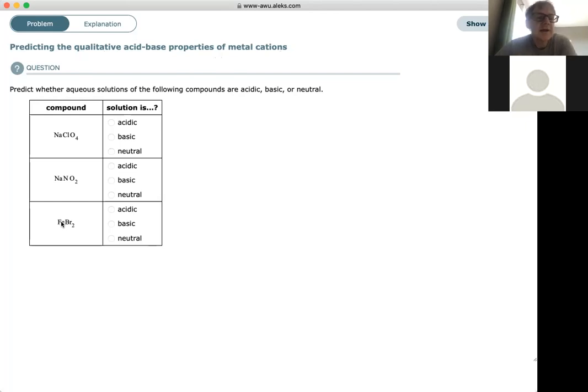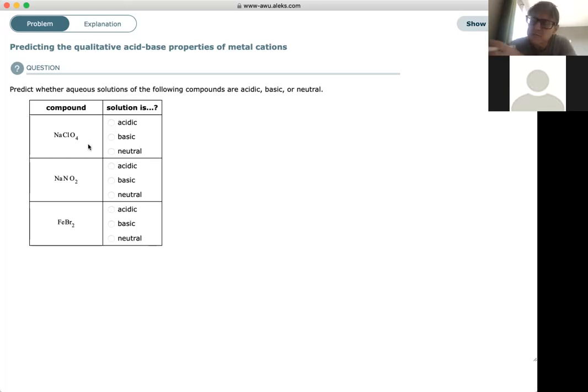Okay. Now, if we look at a salt, what we've learned before is that salts can be acidic, basic, or neutral. It depends on what the salt is composed of. Remember, salt is the product of an acid and a base reaction. Acid plus base gives you water and salt in general. So that means the salt has the conjugate acid of a base and a conjugate base of an acid.